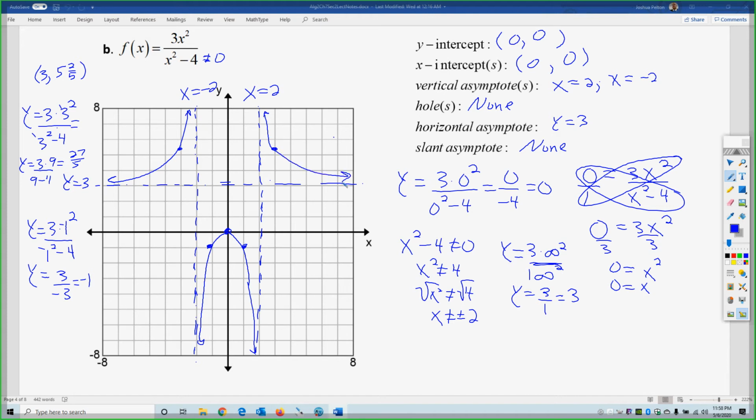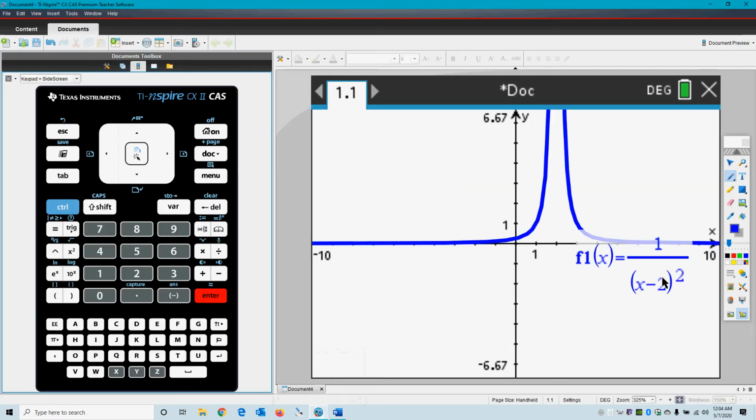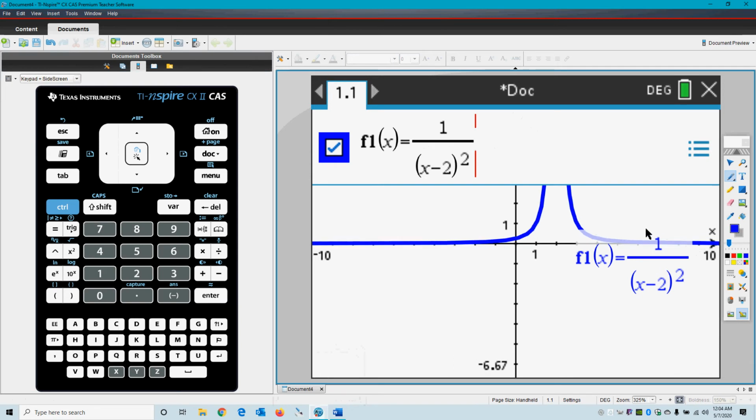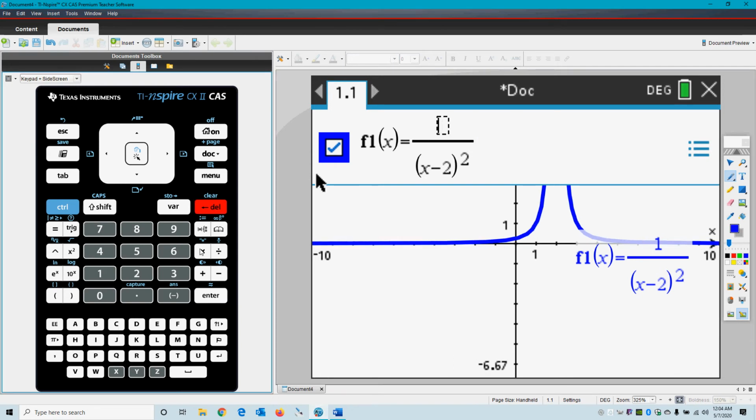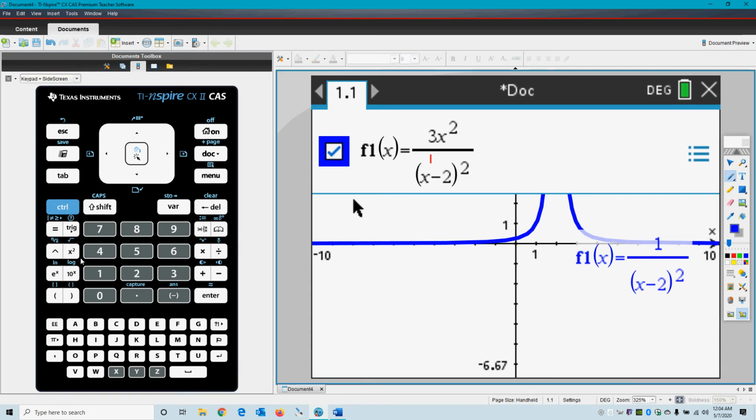Okay. All right, let's verify that with the graphing calculator. So the top gives me 3x squared, and the bottom, x squared minus 4.